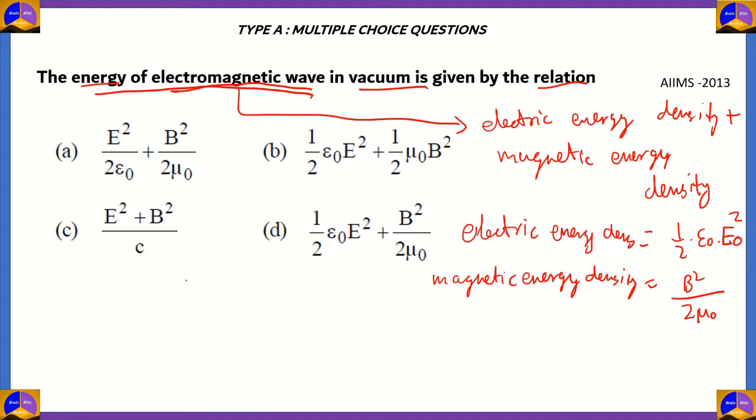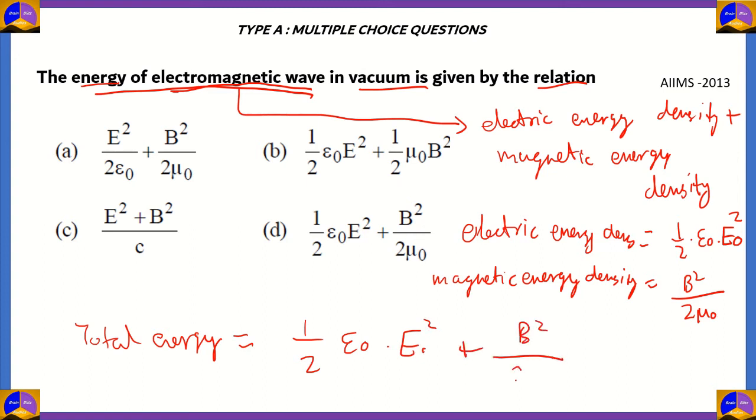So therefore, the total energy of an electromagnetic wave is equal to ½ ε0 E² + B²/(2μ0). And this equation is the same as option D, so it is the right option.